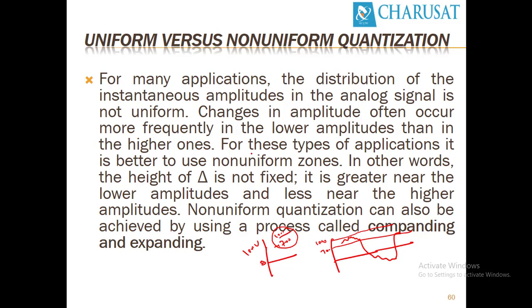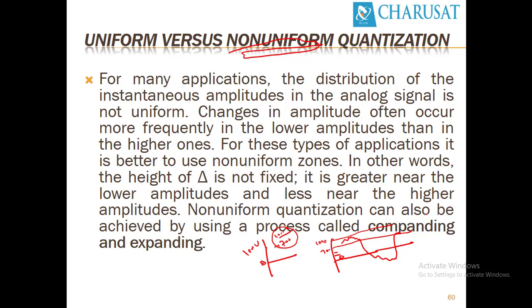So here non-uniform zone quantization is applied. Till now, what we have discussed is uniform zone quantization. Non-uniform quantization says that this could be a larger area, a larger delta, and over here we may have a smaller delta. The beauty of this is that we will generate the signal accurately at the receiver side.